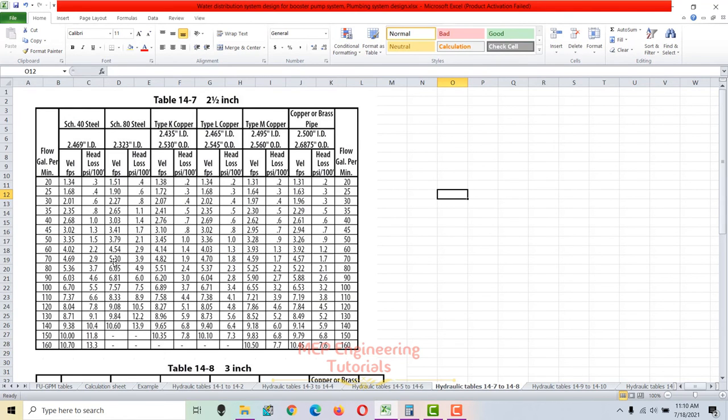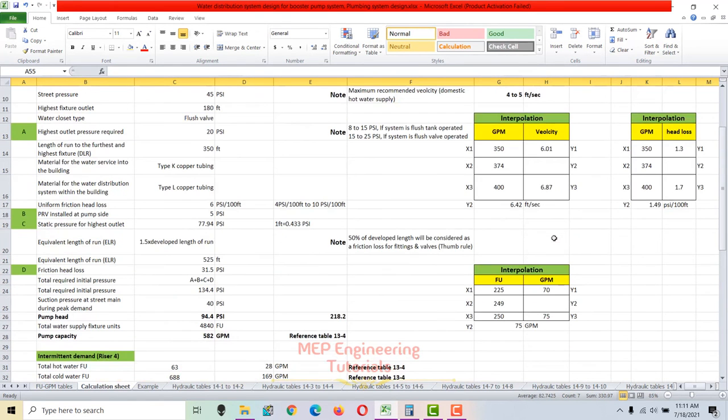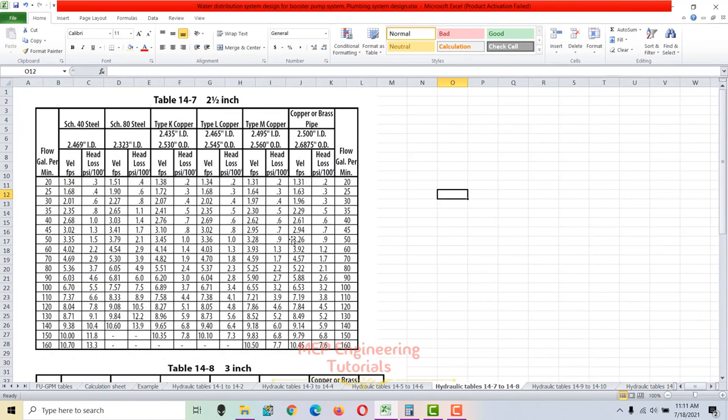At 70 we have 4.70 velocity, and at 80 we have 5.37.